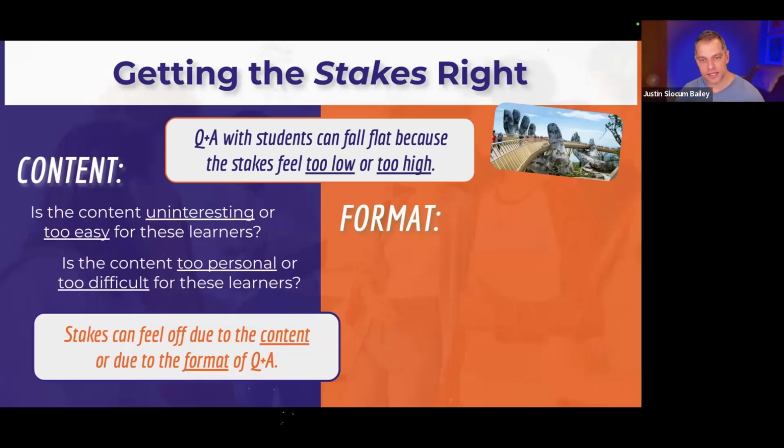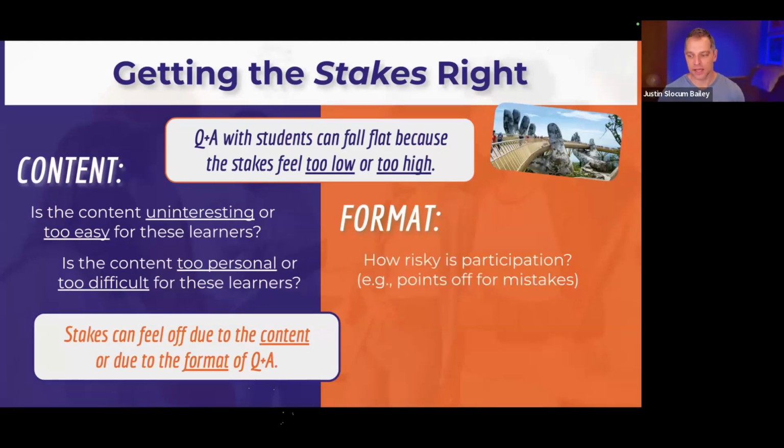The other side of this is even if the topic is fine. Yeah, exactly, Rebecca. So we want to, as much as we can based on our training and further training, have our teaching in this area be trauma informed. Sometimes the topic is just fine, but the format of the activity makes the stakes feel too high.